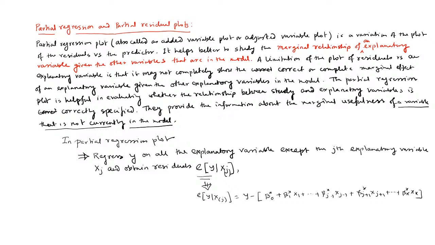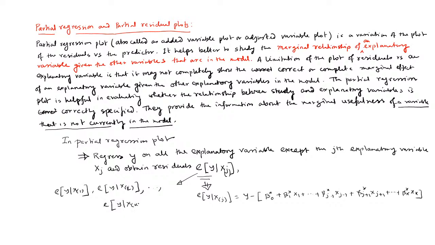So how many partial regression plots do you get? You get k partial regression plots, because every time you omit one explanatory variable, first, then second, and so on, and every time you draw a partial regression plot, and in that way you get k partial regression plots.